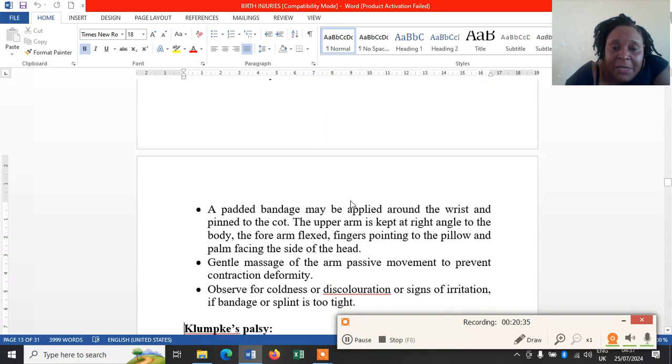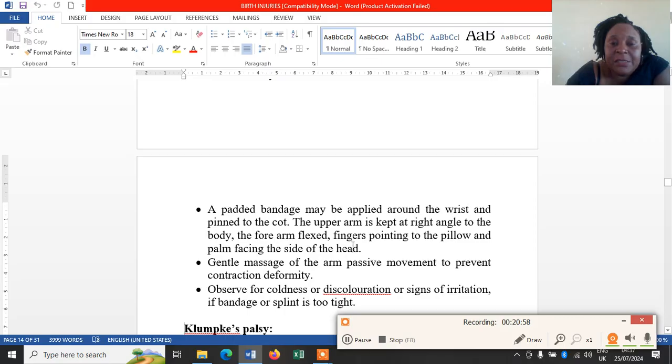A padded bandage may be applied around the wrist and pinned to the coat. The upper arm is kept at right angle to the body, and the forearm flexed, fingers pointing to the pillow and palm facing the side of the head.